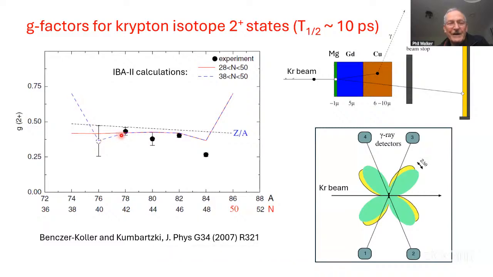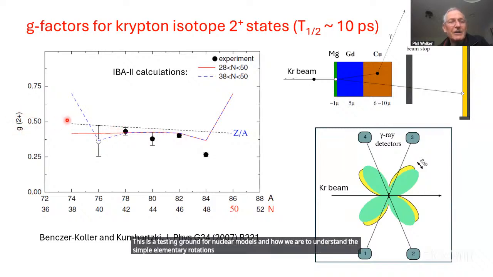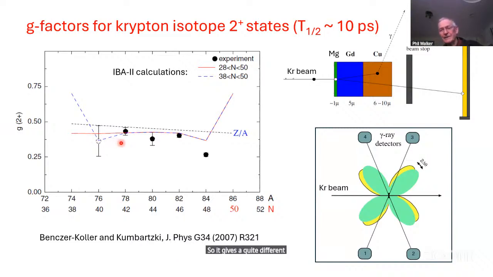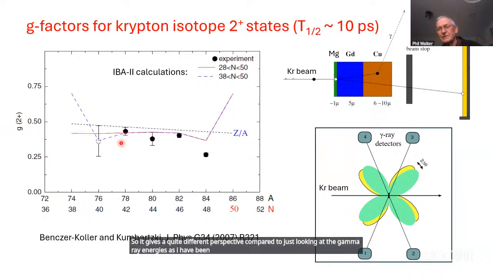This is a testing ground for nuclear models and how we are to understand the simple elementary rotations of nuclei. So it gives a quite different perspective compared to just looking at the gamma ray energies as I had been illustrating before.